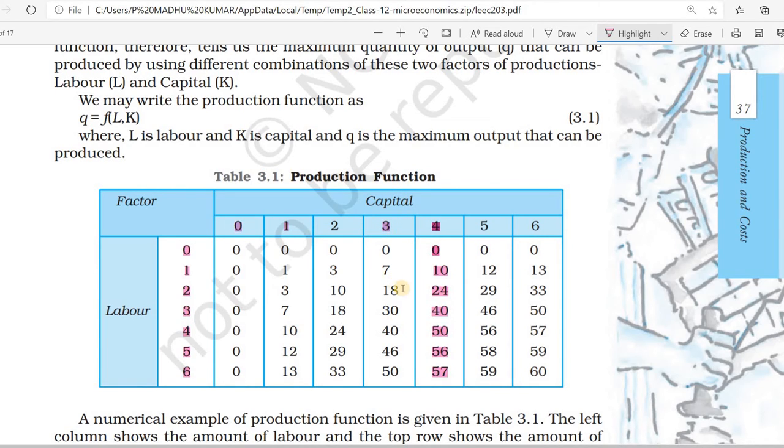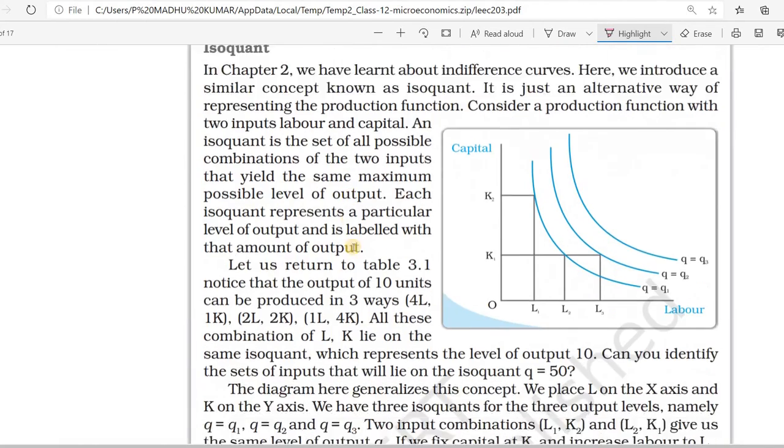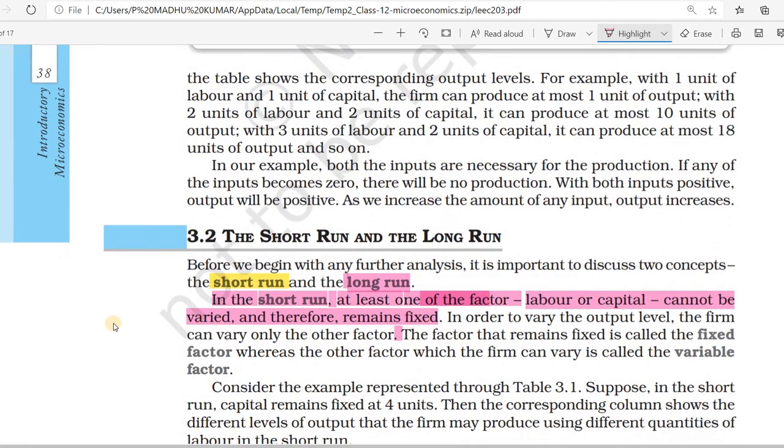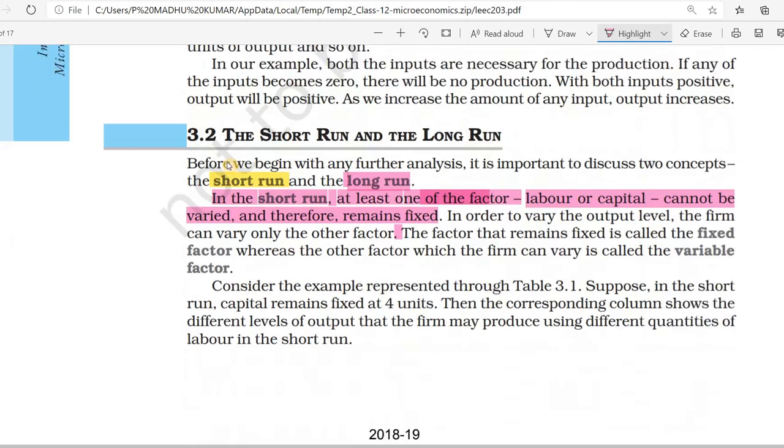Suppose capital is 3, we are not varying the capital, we are varying only labor. In the short run, at least one of the factors will vary. That one we call the short run.